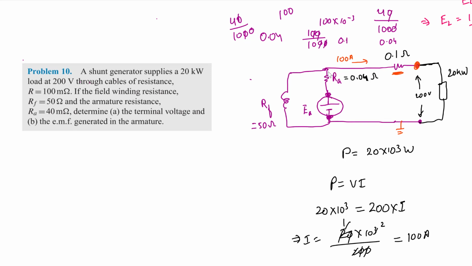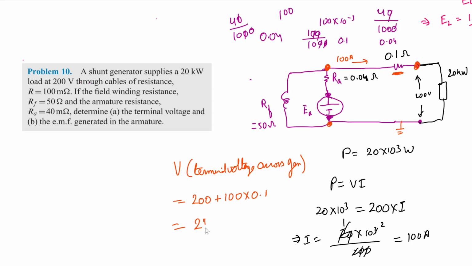Going against the current, the terminal voltage across the generator is equal to 200 plus I into 0.1 ohm. Since 100 ampere of current is flowing, 100 into 0.1 is 10, so it is 210 volt.